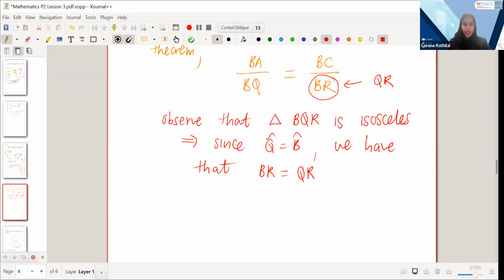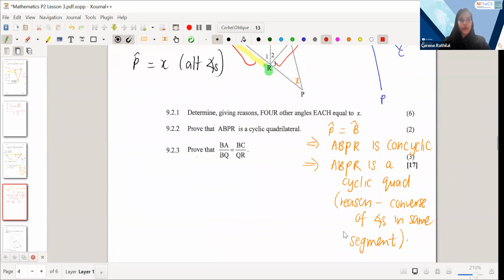And that resolves the situation. Therefore, BA over BQ equals BC over QR. And that is precisely what we were required to show.